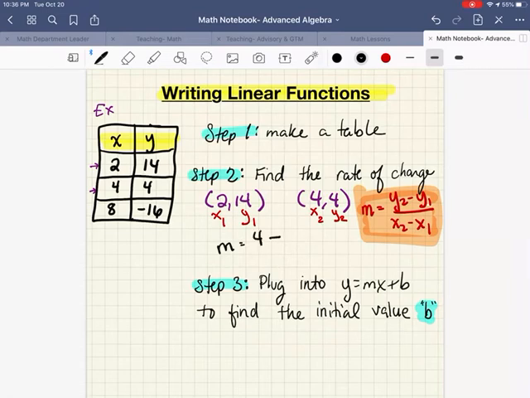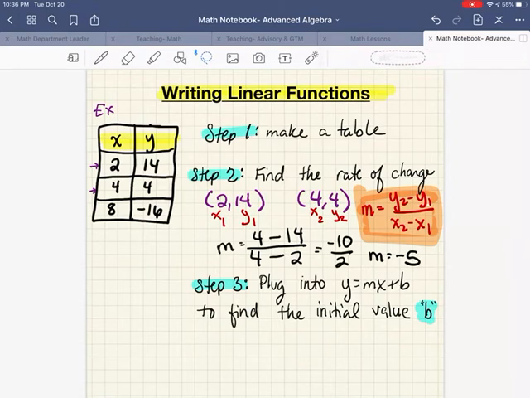It's always minus. y1 goes next, that's 14. Over x2, that's 4, minus x1, which is 2. I simplify that, and I get negative 10 over 2. Then I divide that, and I get m equals negative 5.